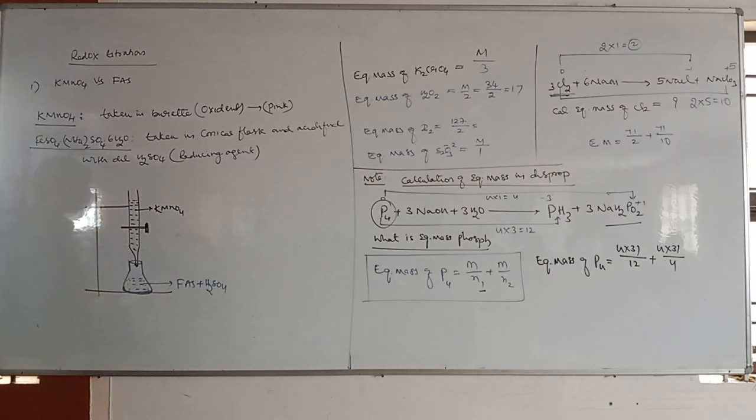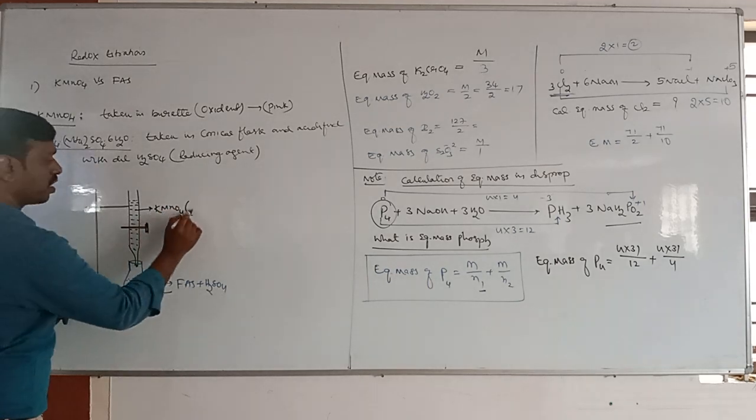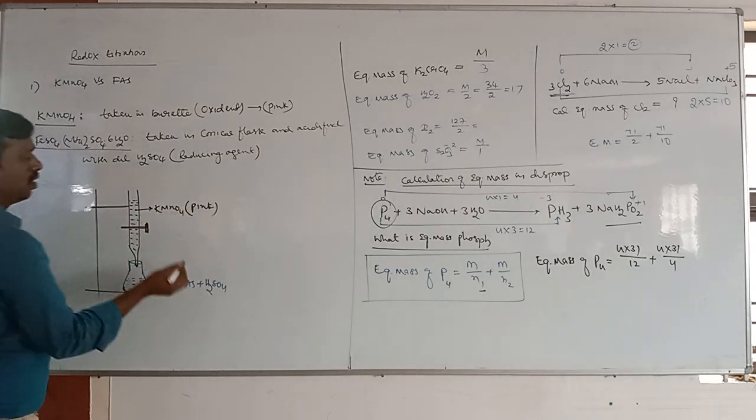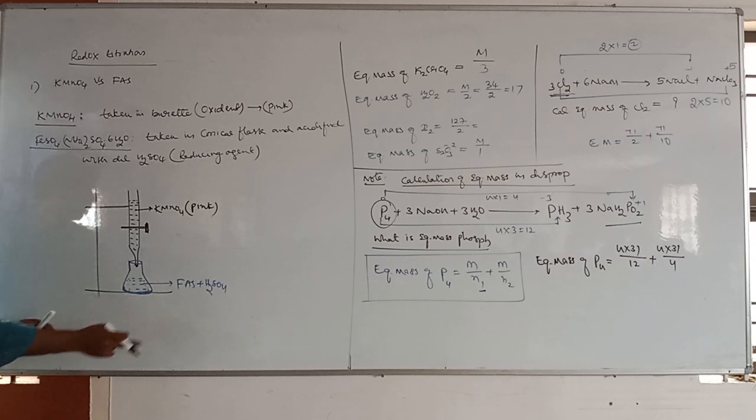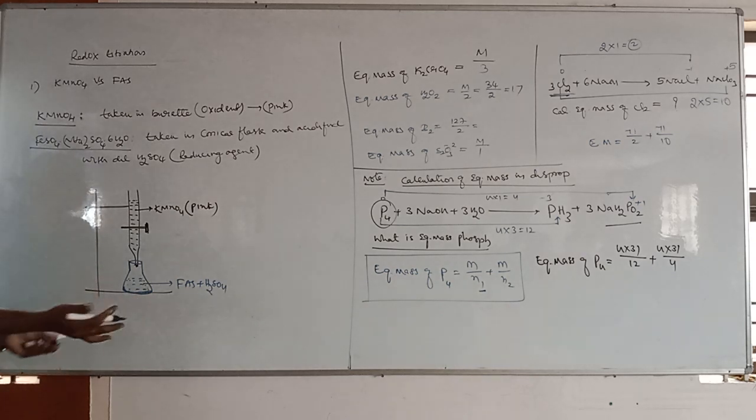Then what is the indicator here? Important. Here indicator is self indicator. Potassium permanganate itself acts as an indicator because it has pink color. KMnO4 reacts with FAS. When KMnO4 is in excess, it shows its color. Therefore, KMnO4 itself is a self indicator.